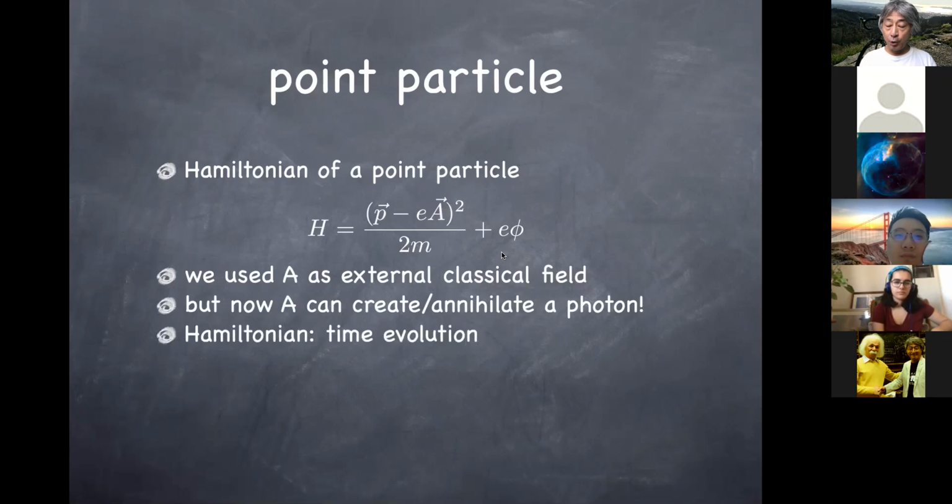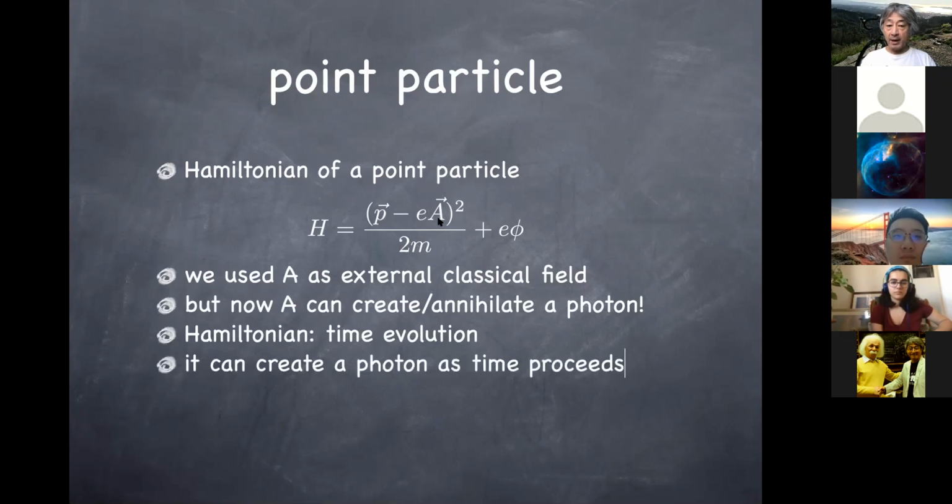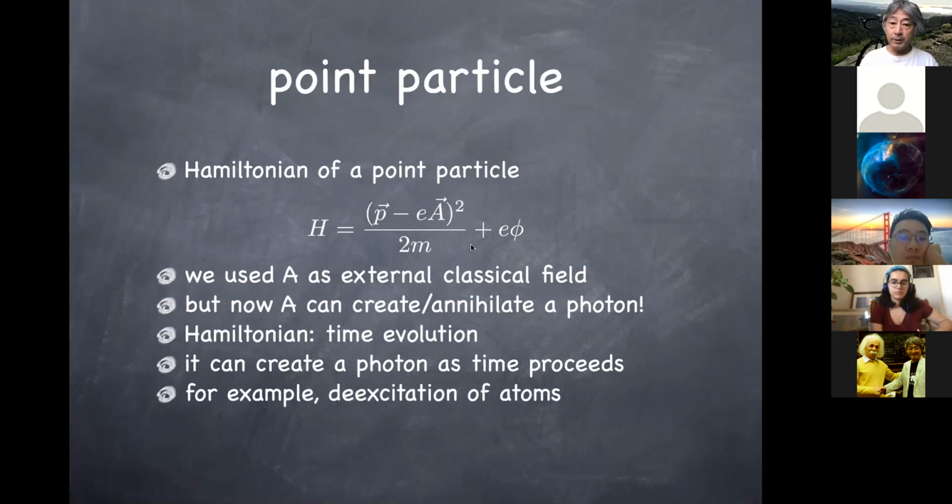So we all know the Hamiltonian is a time evolution operator. So the Hamiltonian pushes time forward. Once you have A with a creation operator in it, the time evolution can create a photon. We need to see how exactly we are going to do this. But we at least have the idea that using this Hamiltonian, we hope to describe a transition of, let's say, an excited state of a hydrogen atom in 2p that decays into the ground state 1s by emitting a photon.